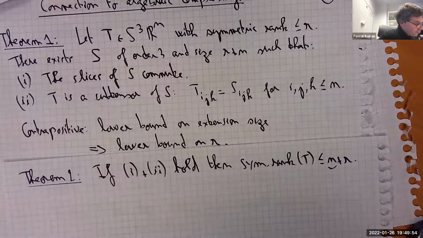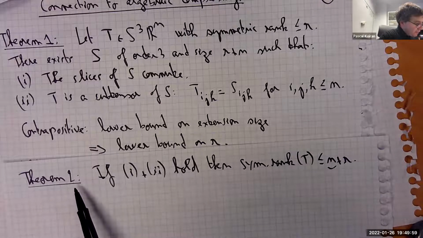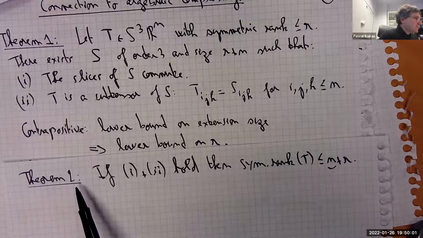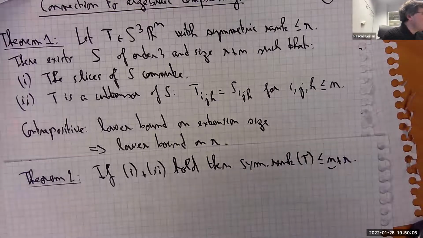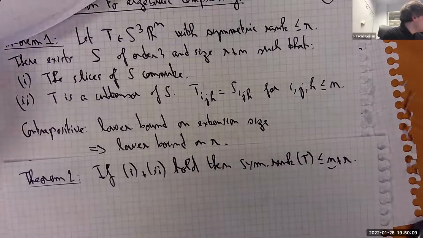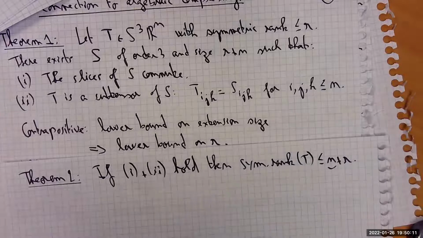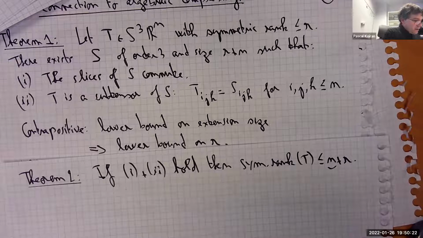So I could also try to explain the proof of this if I have the time. But let me show you one more theorem. It's written already on some page. I'm sorry, could you explain what is R here? R is the size of S, or n plus R is the size of S? Yes, good point.